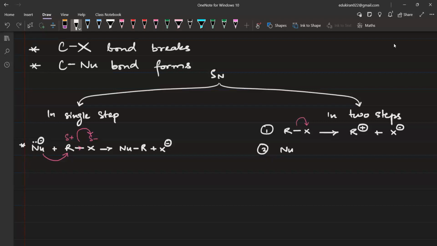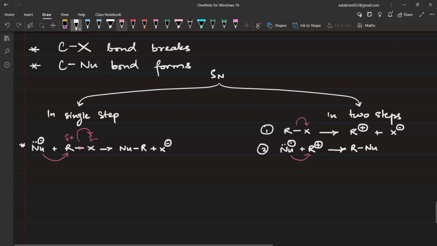The nucleophile, which is electron rich, having lone pair and negative charge, and R positive would be there, and the nucleophile will attack on the R positive. So you will get RNu. Okay. So overall, you can see that R and R can cancel here, so you will have X negative overall in the reaction. Okay.